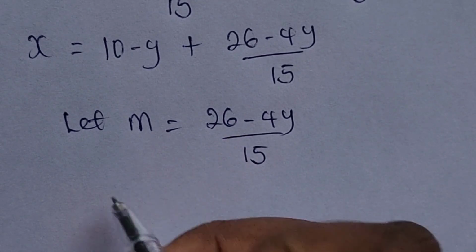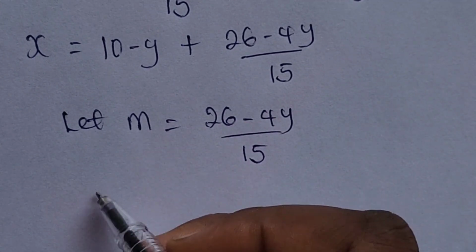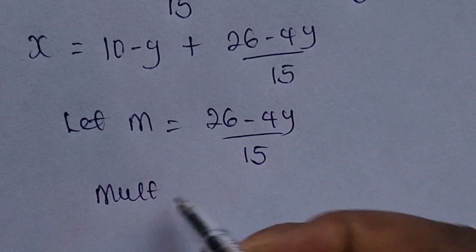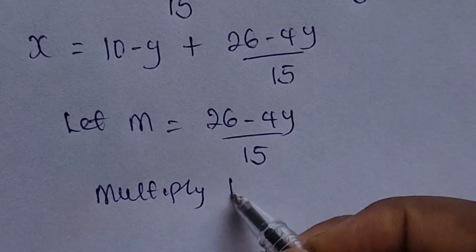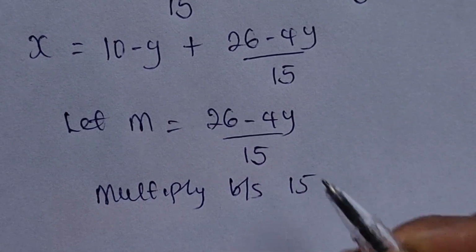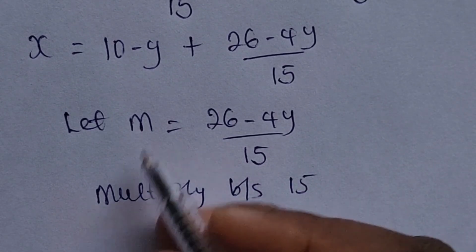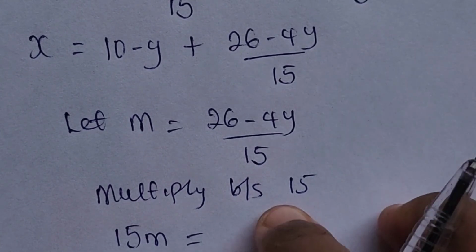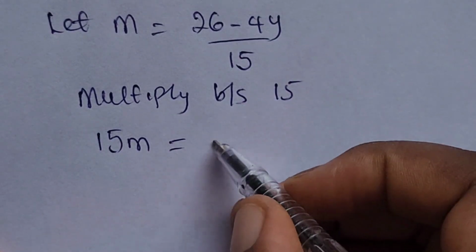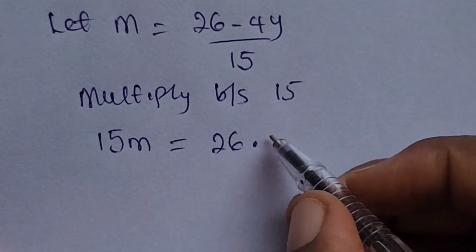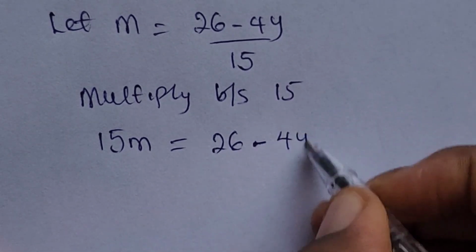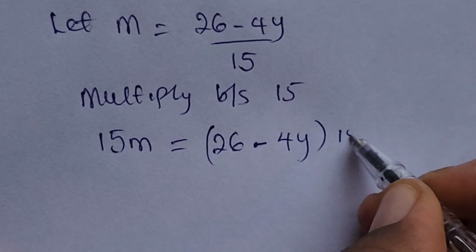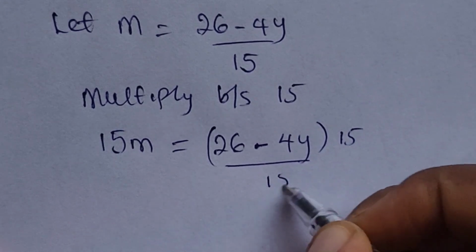So from here, when we multiply both sides by 15, we have 15m is equal to 26 minus 4y times 15 over 15.